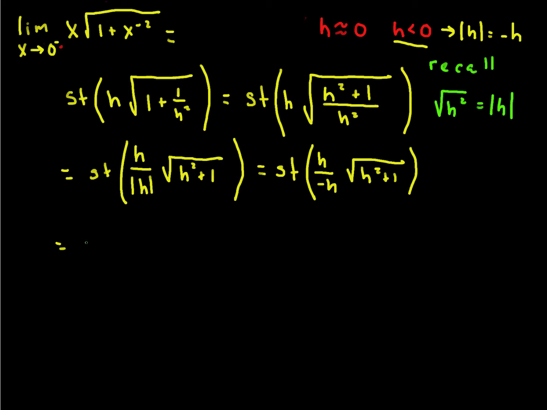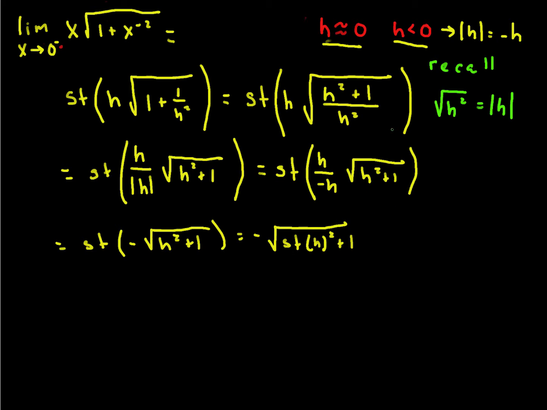This is equal to the standard part of negative square root of h squared plus 1, which is equal to negative square root standard part of h squared plus 1, right? Because the standard part now moves past the negative sign and can slide into the square root function, and the standard part of h is 0 because it's infinitely close to 0.